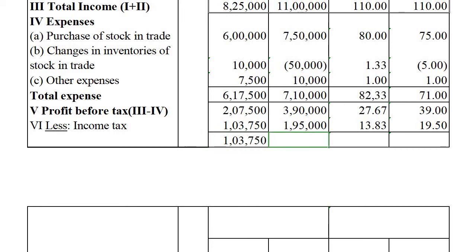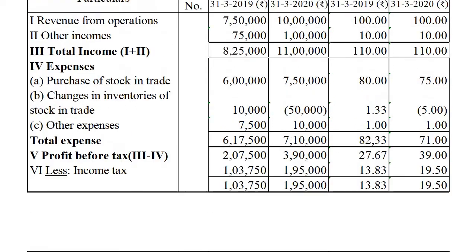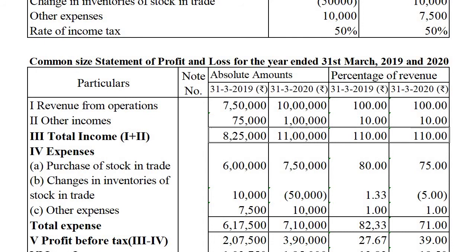That means 3,90,000 minus 1,95,000, and for the previous year 2,07,500 minus 1,03,750. So here also the percentage is the same, 13.83 and 19.50%. So this is the way of preparing a common size statement of profit and loss.